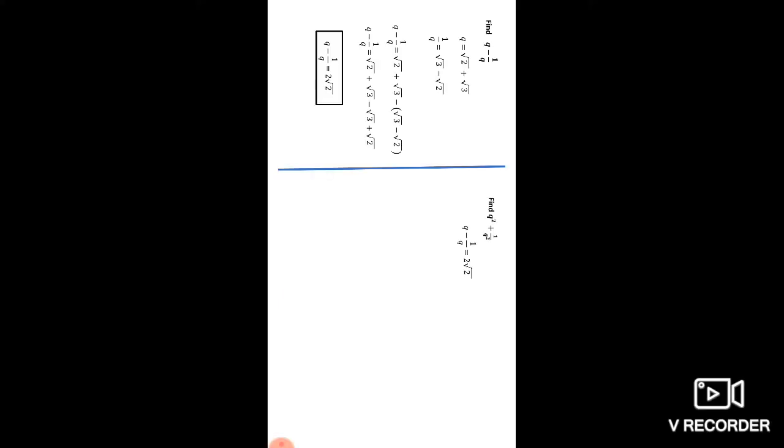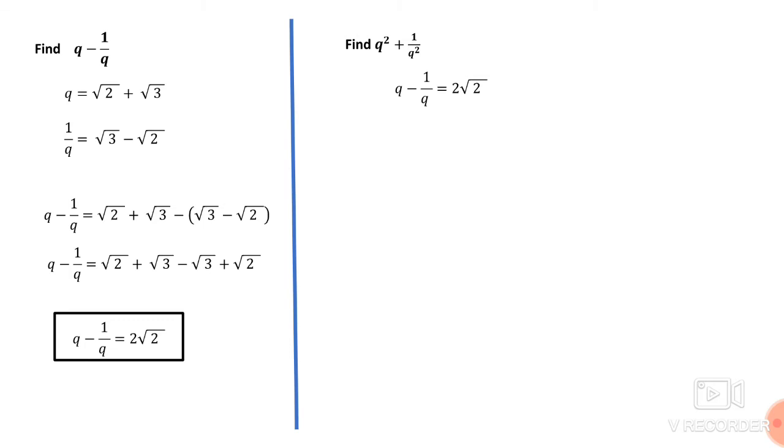Next we will find q square plus 1 upon q square. q minus 1 upon q is equal to 2 square root 2. This is the value which we have found out in the previous step. Squaring both sides, this will be q minus 1 upon q whole square equals 2 root 2 whole square.